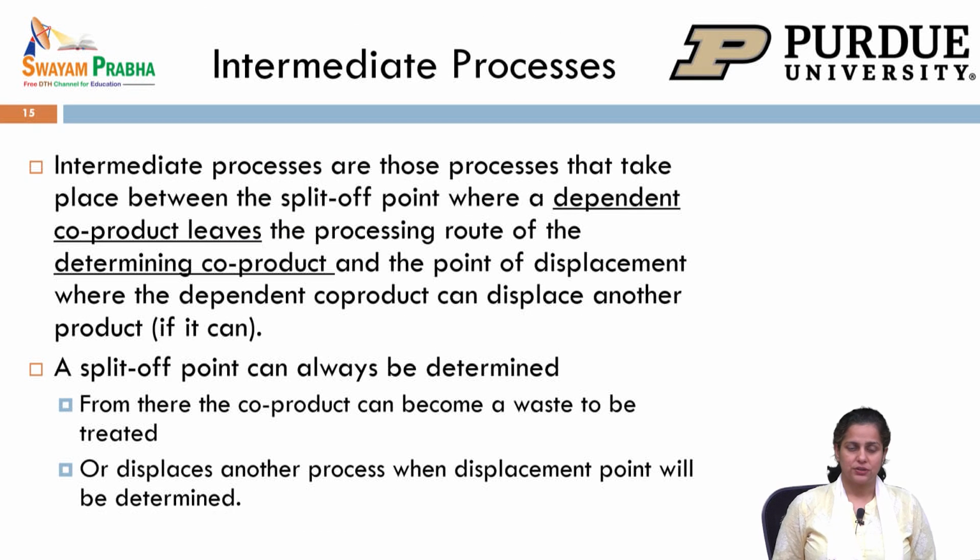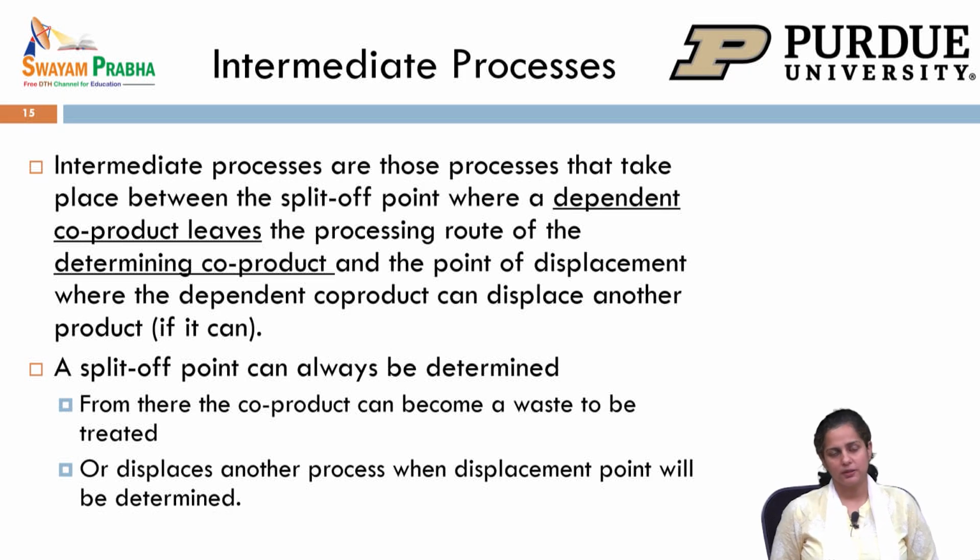The next definition that we come across in the system expansion is intermediate processes. So, intermediate processes are those processes that take place between the split off point where a dependent co-product leaves the processing route of the determining product and the point of displacement where the dependent co-product can displace another product if it can.